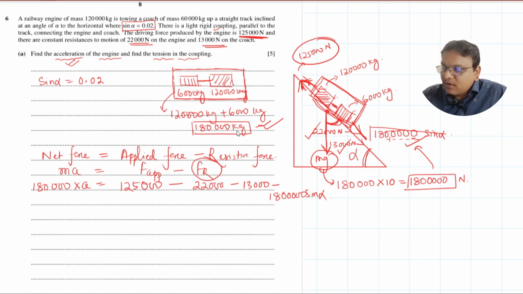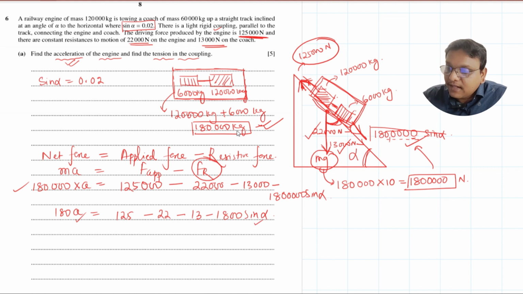Now to simplify more, divide each term by 1,000, so you get 180a equal to 125 minus 22 minus 13 minus 1800 sine alpha. Now in this equation, everything is known except a and sine alpha.